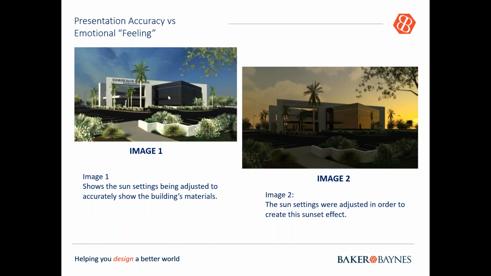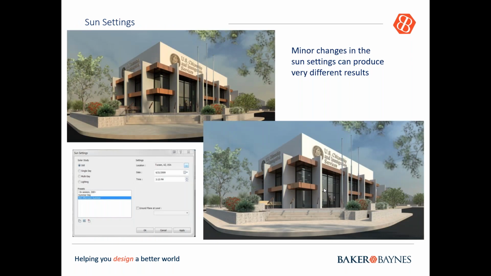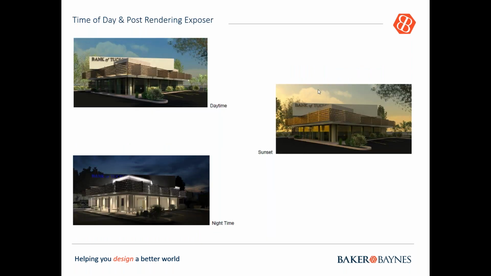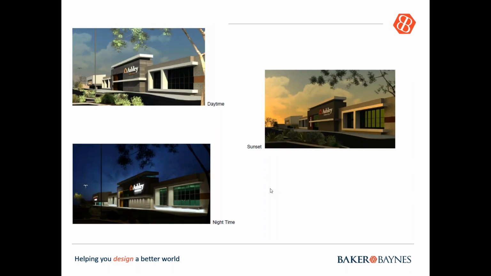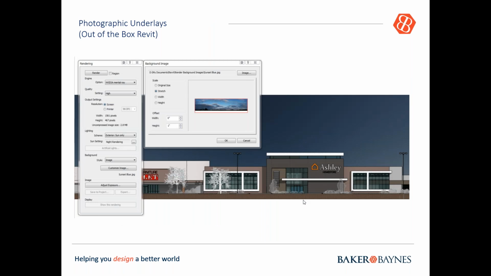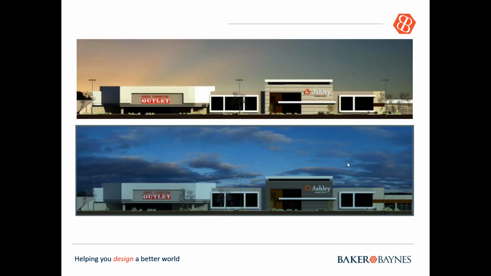Do I want to emphasize the building, or do I want to create a sunset effect, like a more emotional effect? And again, this can be done with minor settings such as changing the sun, right? And then we looked at things like the time of the day of post rendering: daytime, sunset, nighttime, and comparing those views. And then, of course, our out-of-the-box Revit underlays, you can either add an image and then render, and instead of seeing a plain blue background, it'll have a cloud effect in the background.